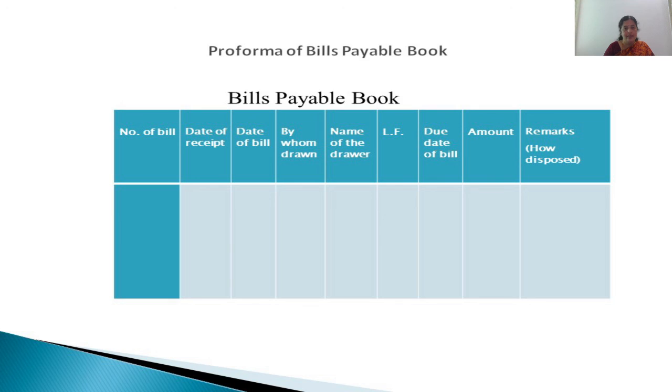Bills payable book format will be like this: number of the bill, date of receipt, date of the bill, by whom drawn, that means the name of the drawer, because here we happen to be the drawee of the bill, then ledger folio, due date of the bill, that is the date on which we have to pay, then the amount of the bill, and remarks, how we have disposed of the bill, whether we have honored or dishonored the bill, or whether we have made part payment, and for the remaining amount whether we have requested our drawer to draw another bill asking for extension of the credit period. Those things we have to write in the remarks column.